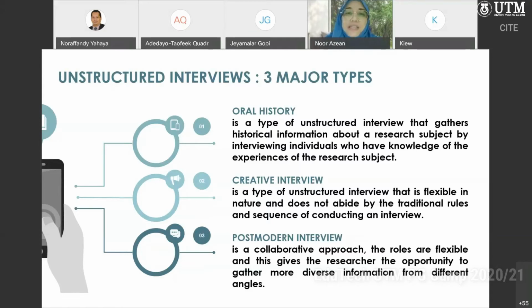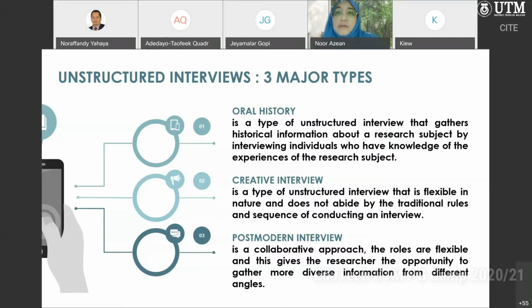For the oral history, for example, you want to ask about Kota Tinggi or the historical city of Melaka. So we have the oral history interview. This is a type of unstructured interview that gathers historical information about a research subject by interviewing individuals who have knowledge of the experience of the research subject.